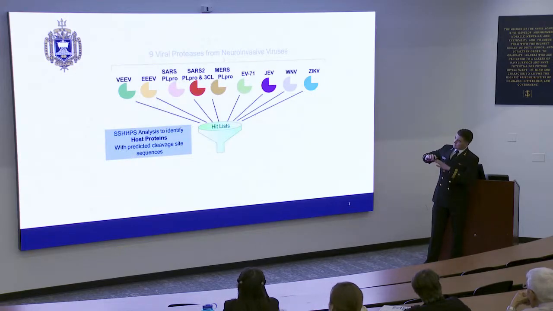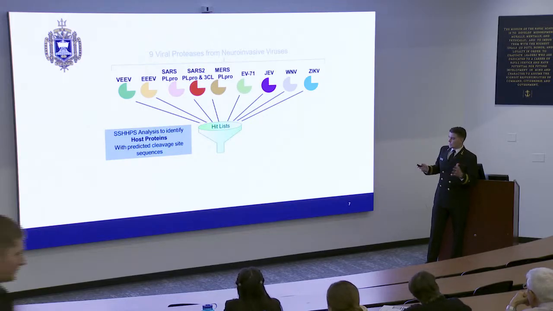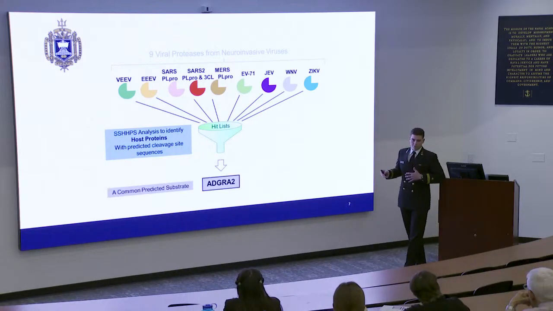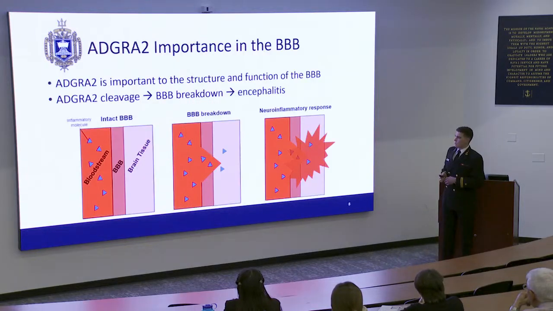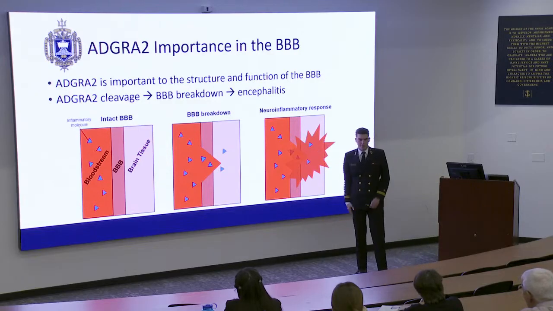So looking at various neuroinvasive viruses, Naval Research Laboratory used this software to predict that 9 different neuroinvasive viruses, including Zika, West Nile, and enterovirus 71, all target potentially the same human protein called ADGRA2. Now, ADGRA2, as a human protein, is important to the structure and function of this blood-brain barrier.